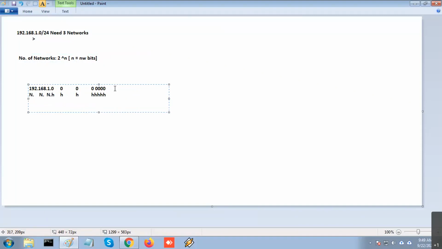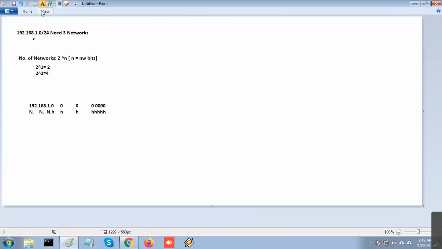Okay. Now, how many bits am I going to borrow? If I borrow 2 power 1, I get 2 networks, not enough. 2 power 2, that is the nearest answer, correct? Yes. Now, I'll borrow 2 bits, then I'll get how many networks? 4 networks I'll get. That is the nearest answer. Okay, this is clear, right? Yes.